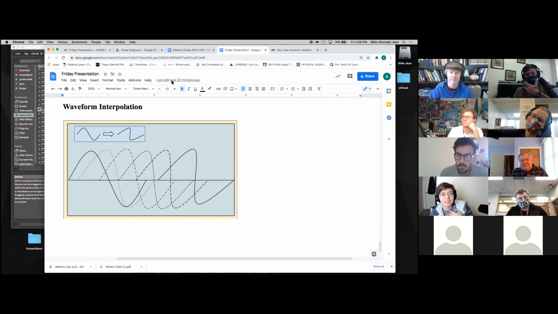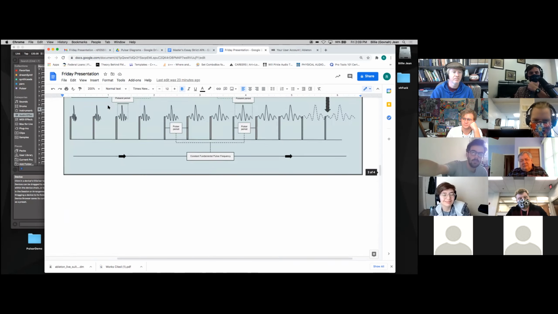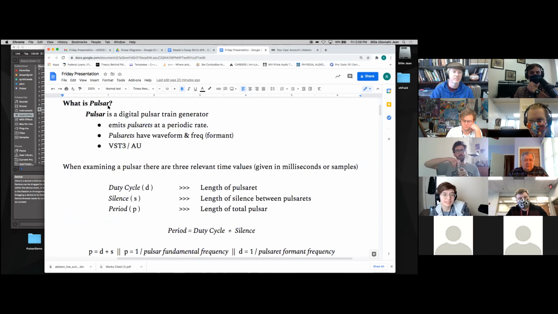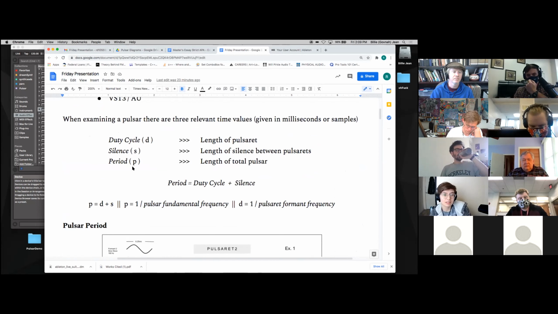Okay, so let me make sure I covered everything about the demonstrations of it. I think this would be good to understand, because everything else we calculate this way, if you can just picture this equation, everything else is playing with that. The distance between pulsarets has an effect. It has an effect on the continuity of the tone.